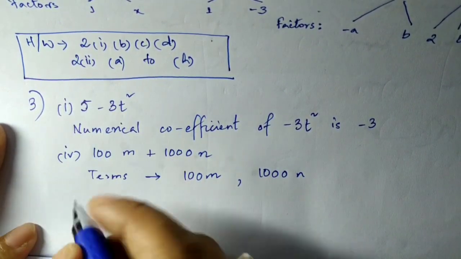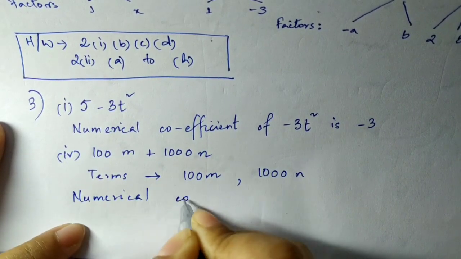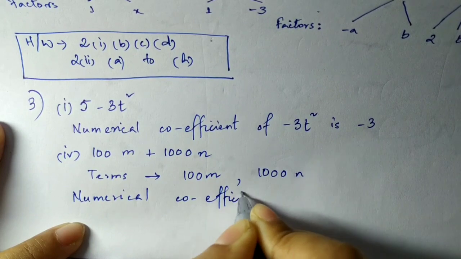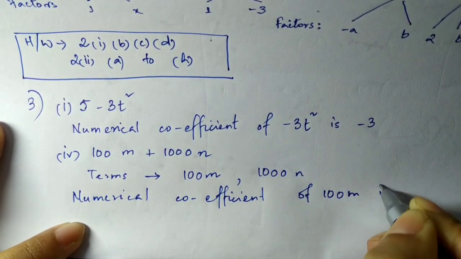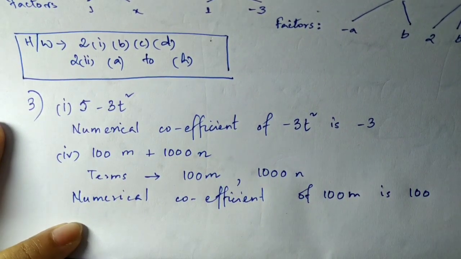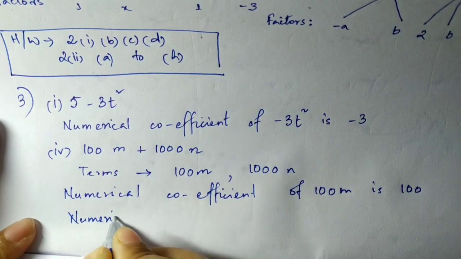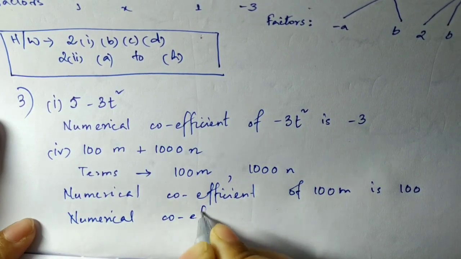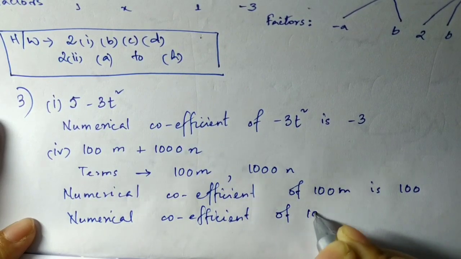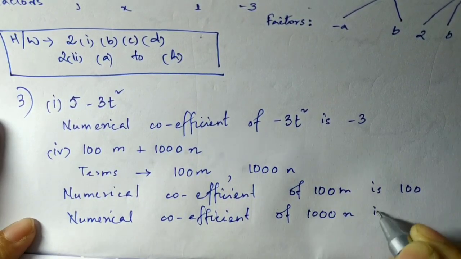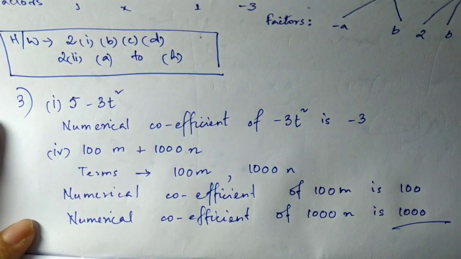So I can write here the numerical coefficient of 100m is 100, because it's plus, so no issue about the sign, and the numerical coefficient of 1000n is 1000. Okay, so you have to write down just the number here along with the sign.